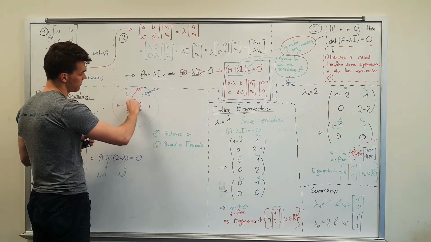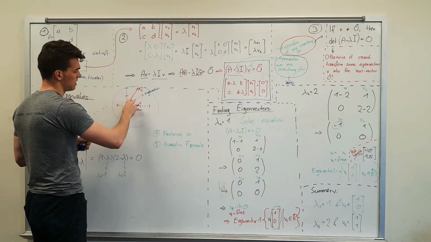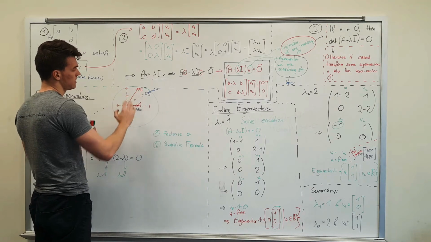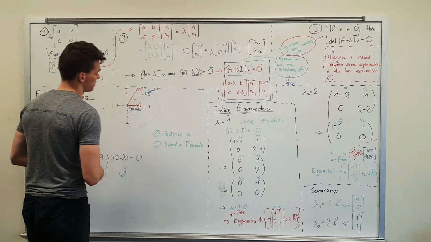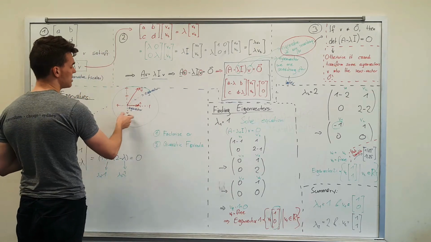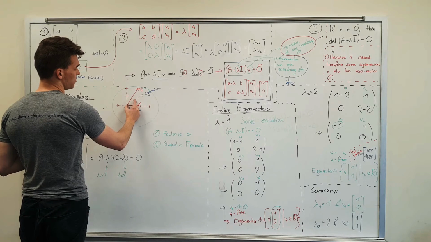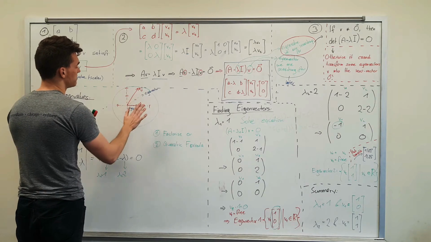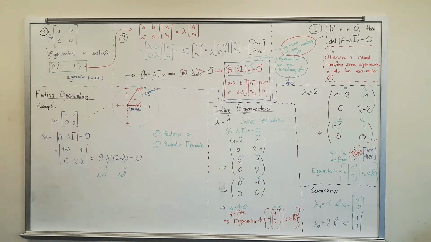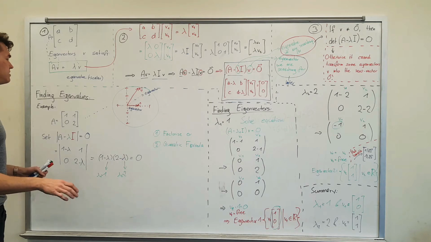So there must be some vector in here that is actually just scaled. This is the eigenvector of the transformation, another eigenvector of the transformation. So it's going from here to here, something like this. This is just a visual understanding. It's not how we actually find eigenvectors, obviously, but it's nice to think about that.